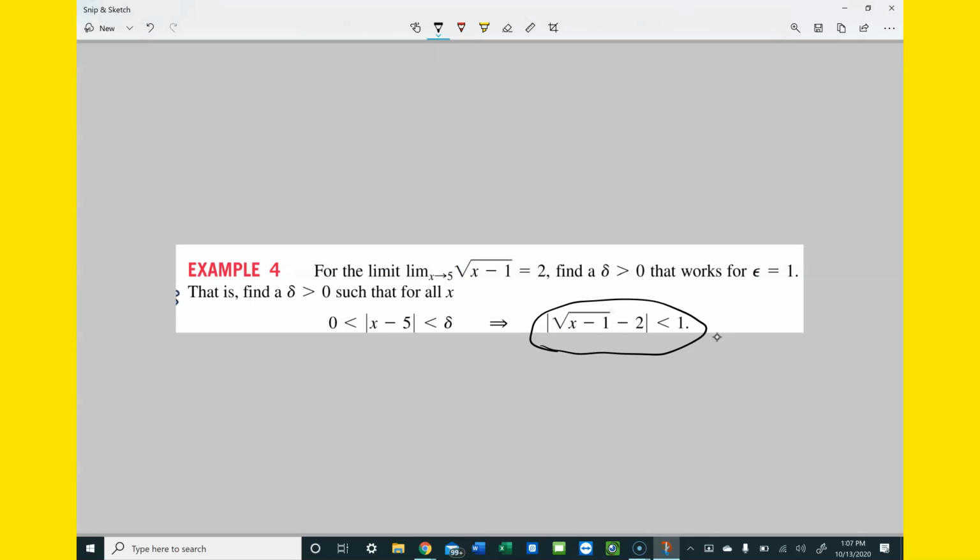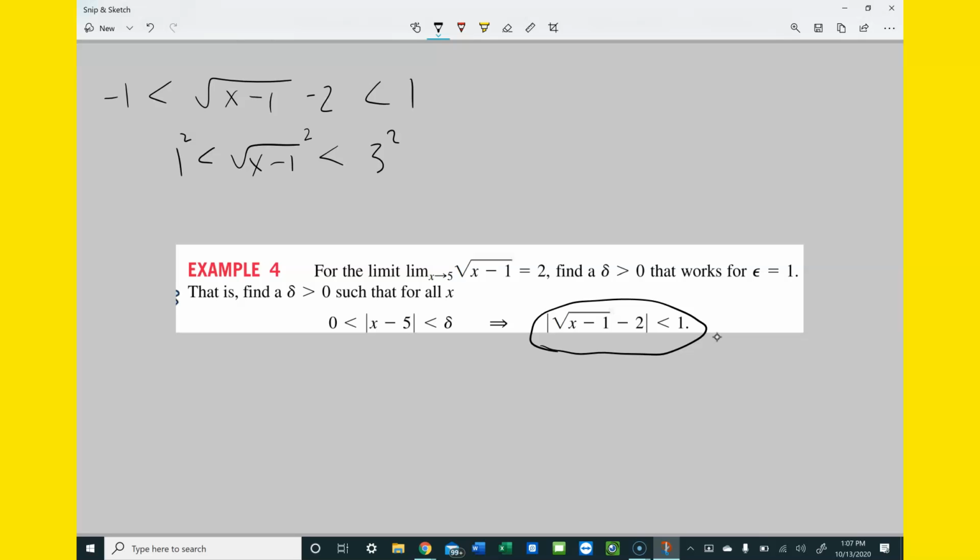It's the square root of x minus 1 minus 2 is going to be less than 1, but also greater than negative 1. Now I'll add 2 to both sides, to all three sections, that is. Add 2 to here, that'd be 3. Add 2 to here, that'd be 1. And then I'm going to square all the sections.